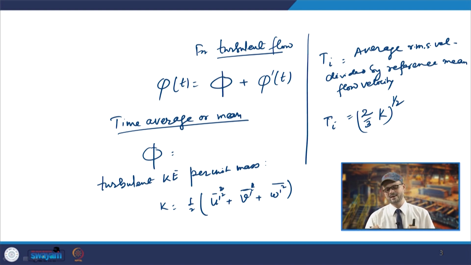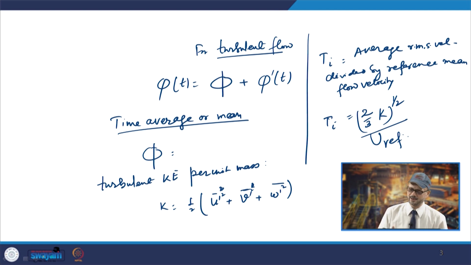That is your RMS velocity, which is then divided by u reference. This way you define the turbulence intensity, and this will be one of the parameters used when we give the boundary conditions in the case of flows where turbulence is used.